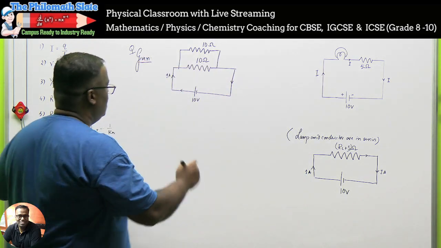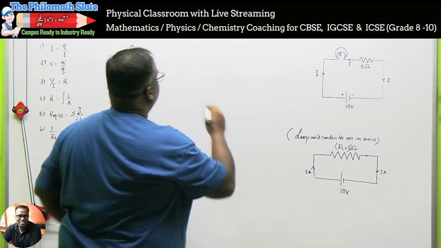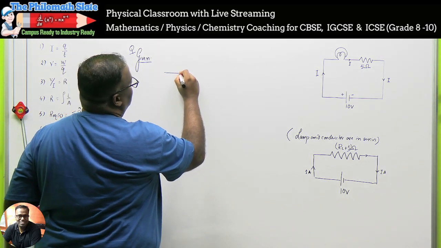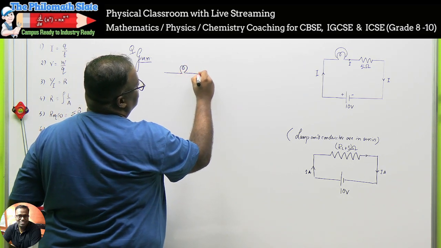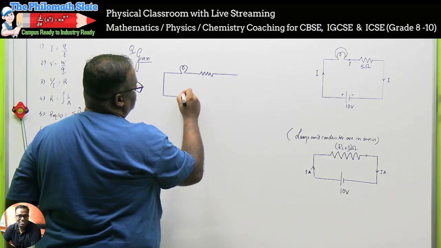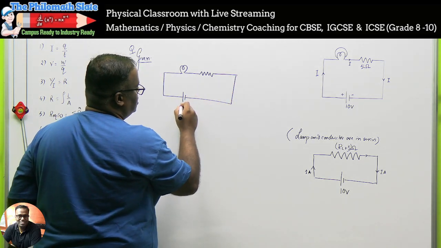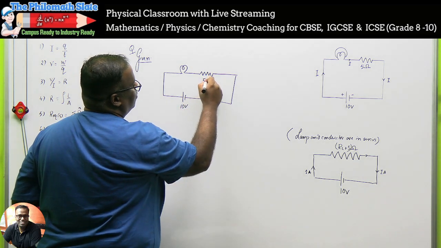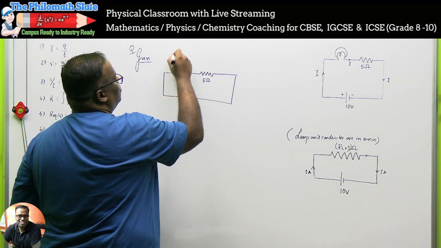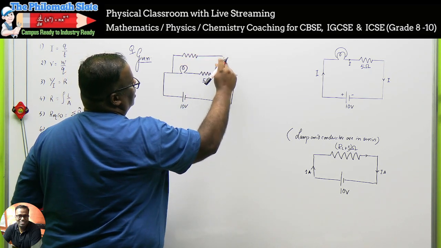So now you will have to draw a new diagram like this. The new diagram is, again your lamp is like this, and this is your same circuit, right? 10 volt, 5 ohm, and now you have brought a 10 ohm in parallel out here.